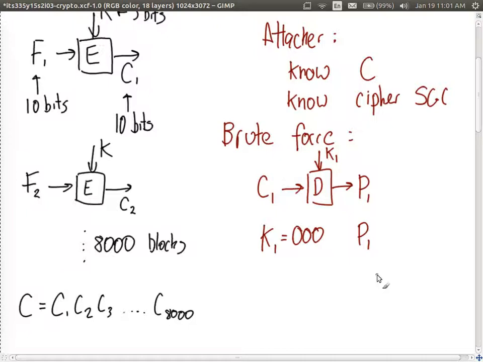Now, the brute force attack involves the attacker checking: is this potential plaintext correct? Is it the original plaintext that the original user encrypted, the first part of the file? And we assume that they have a way to know if it's correct or not.